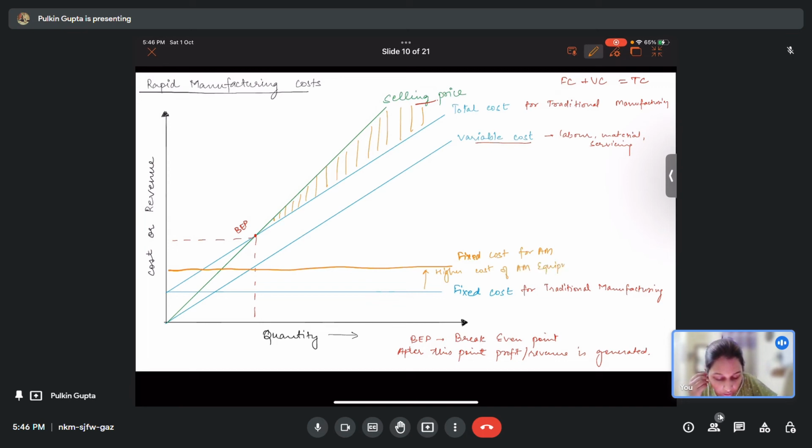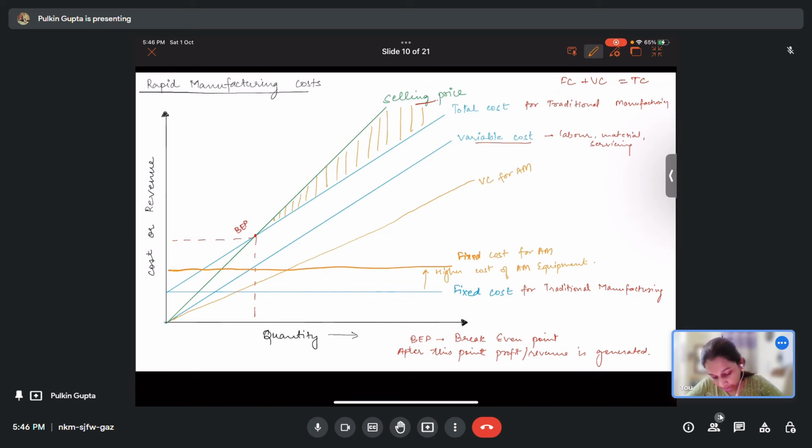AM machines, as in specialized machines, have higher costs, but your variable cost reduces. So your variable cost will be something like this. Suppose this is your variable cost for AM.